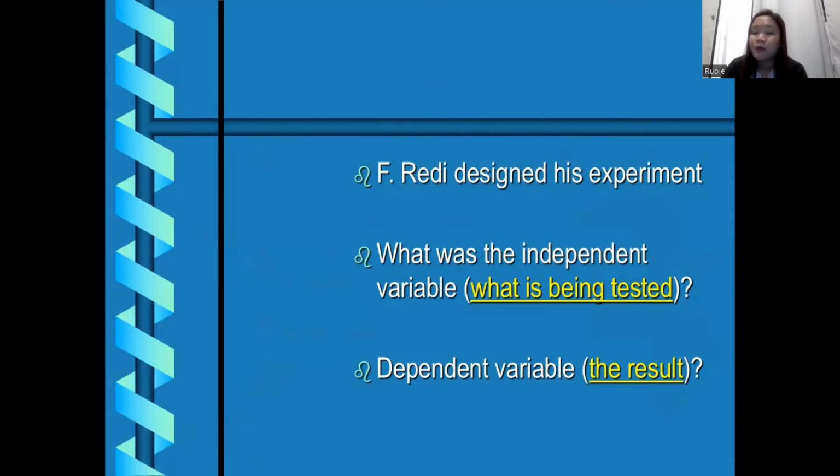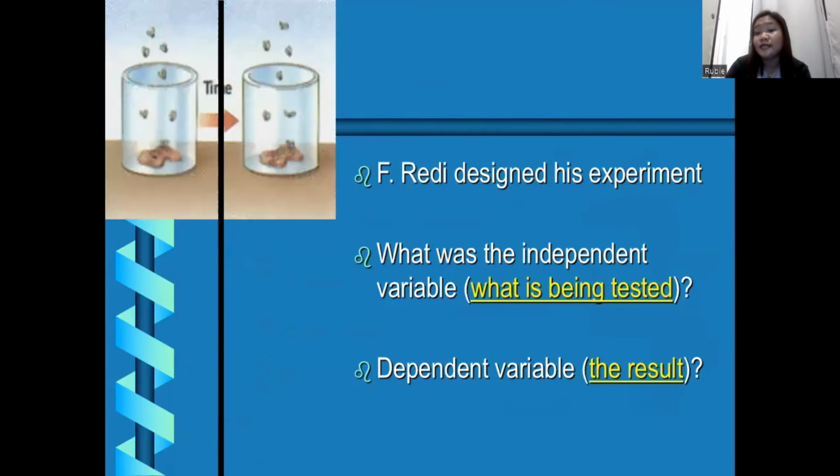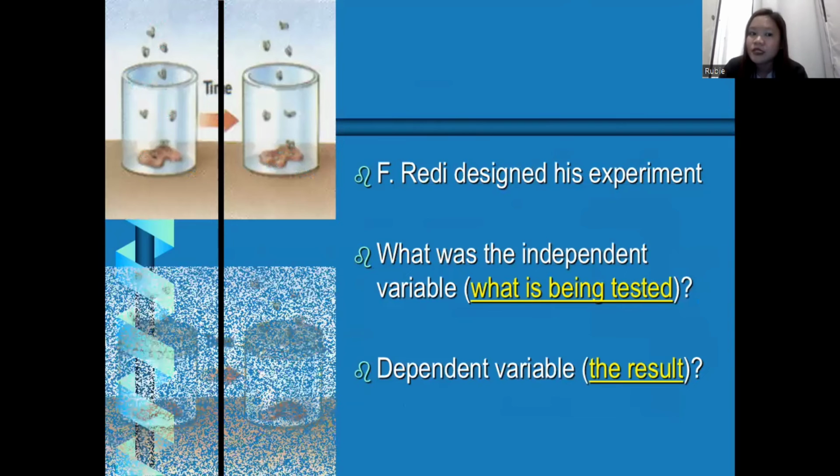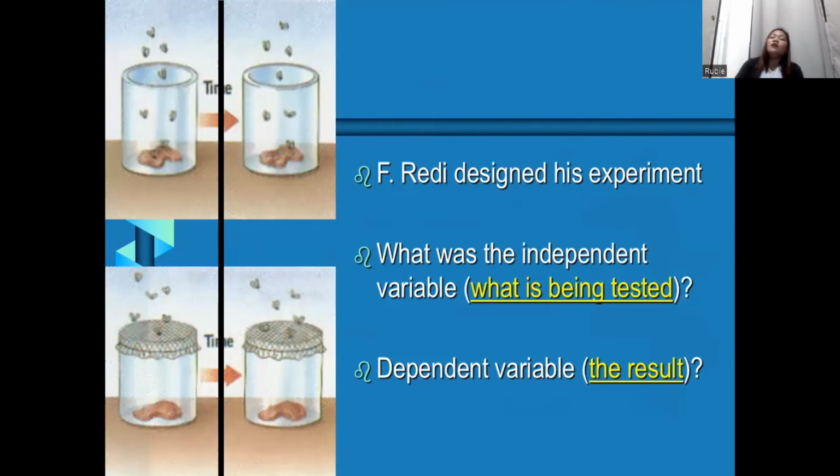He took 2 jars, one jar that is left uncovered, and another jar that he covered with the meat inside of it. Now he designed his experiment. What do you think was the independent variable? What is being tested? What is the dependent variable or the results? Yes, the maggots. So what did Redi find out in his experiment?